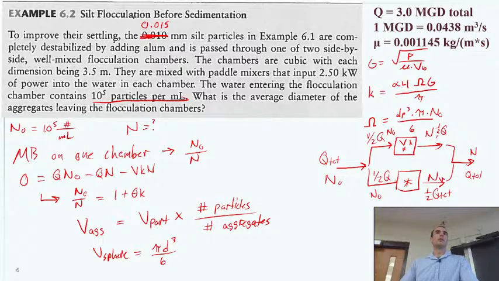So then we can solve this equation for the diameters we're looking for, and noticing that this number of particles per number of aggregates is essentially n naught over n, which is why we wanted to solve for it.